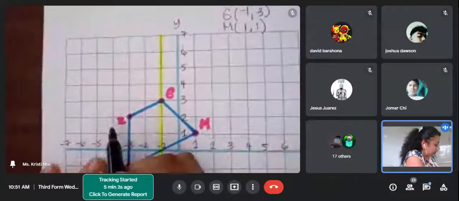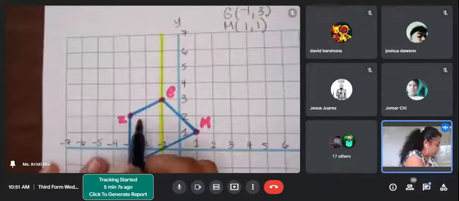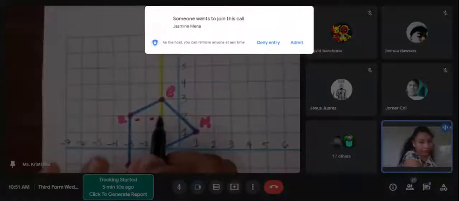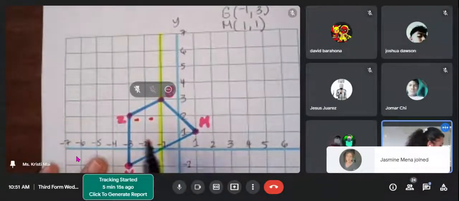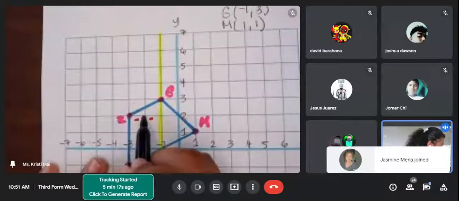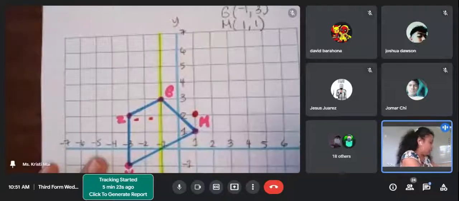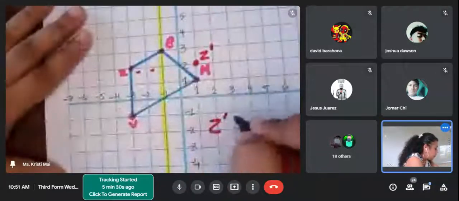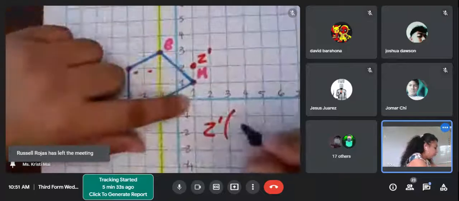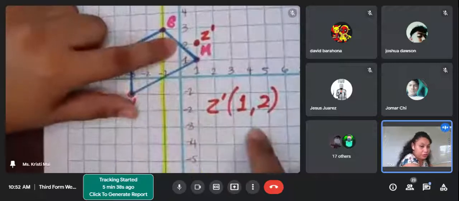If I look at Z, that is right here, I am going to count how many spaces it is away from this line so that I can get the new one. In this case, Z is two spaces away, so I'm going to have two spaces on the other side. My new point for Z is going to be there, and I'm going to have Z1. So my coordinates for Z1 are 1 on the x-axis and 2 on the y-axis. So this is the first point.